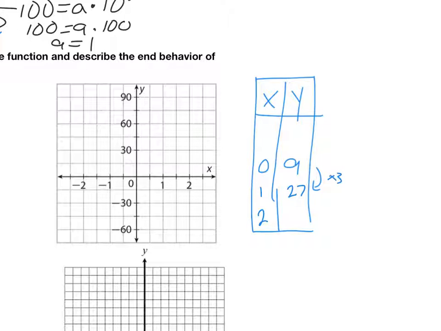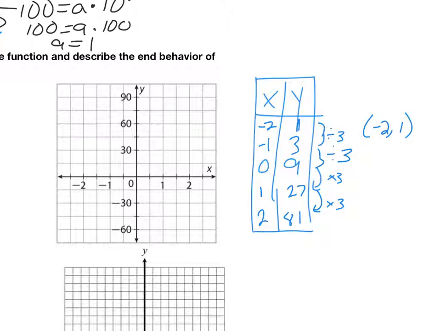We multiply by 3 again, we get 81. If we want to go backwards, we divide by 3, we get 3 for negative 1. We divide by 3 again, we get 1 for negative 2. So our ordered pairs would be negative 2, 1, negative 1, 3, 0, 9, 1, 27, and 2, 81.